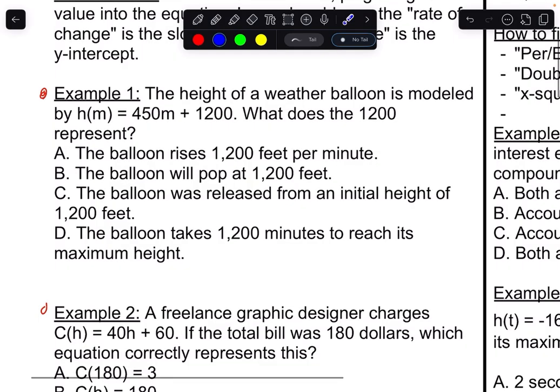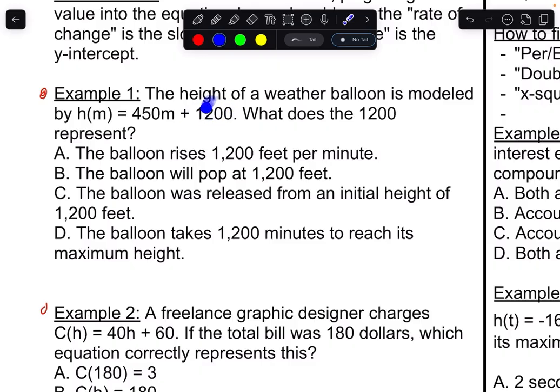The height of a weather balloon is modeled by h of m equals 450m plus 1200. Off the bat, doesn't that look like a linear equation, y equals mx plus b? It should. The 450 is your recurring rate, your slope. The 1200 is your one-time cost, your fixed amount, your starting amount, your y-intercept, whatever you want to say there.